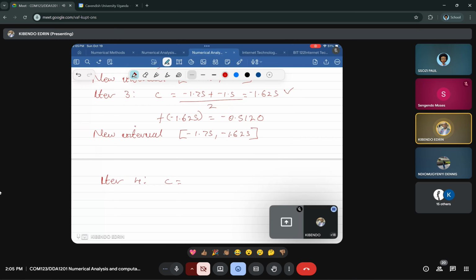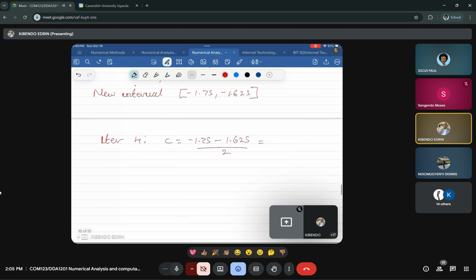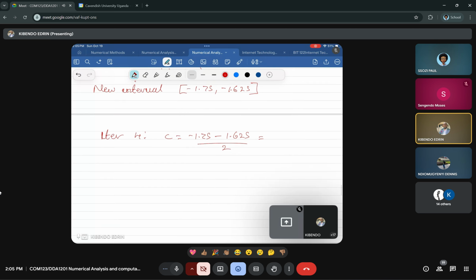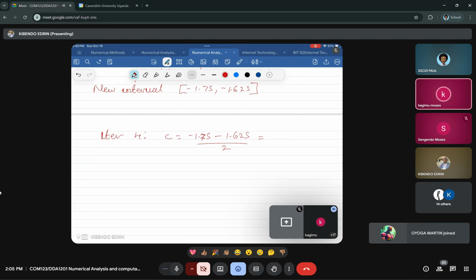The C will be negative 1.75 minus 1.625 divided by 2. Which number? Negative 1.75. Okay.